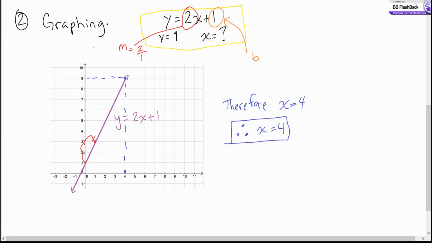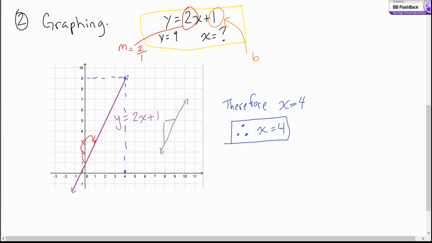Okay, now one question students sometimes have is, when you're graphing a line, why do you start with b? Why not start with m? Well, if you try to start with the slope, let's do this in gray, you could look at your graph and say, I have a slope of 2, so I'm going to go up 2 over 1, and it looks like this, and this is my line.